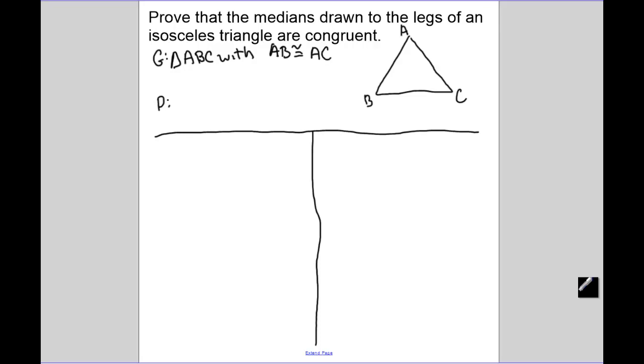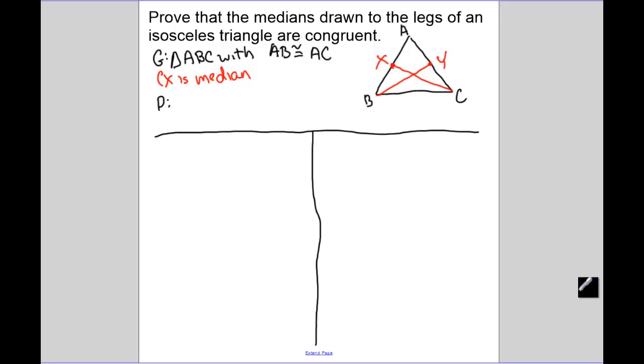And then, okay, median. So the medians are going to be drawn to the legs. The legs are the congruent pieces, so my median drawn, CX is a median. BY is going to be a median also.